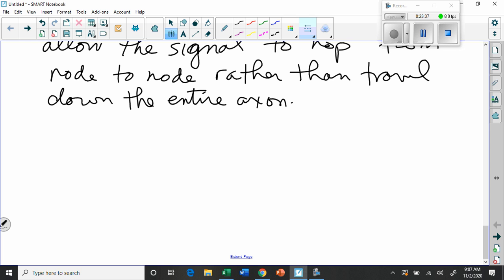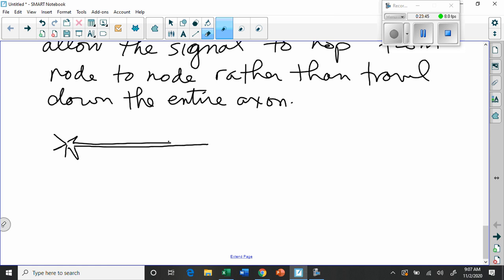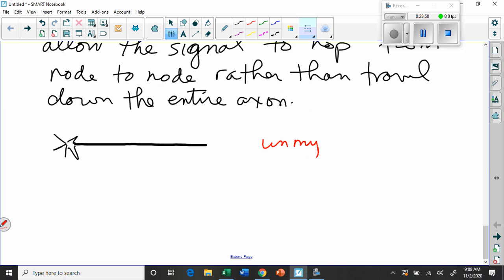So if I draw a picture of a nerve cell here and its axon, let me just draw that as a single line, it looks better. If we draw this nerve cell with its axon here, there's the axon, in an unmyelinated cell, whoops, I always forget the E, unmyelinated cell, the nerve impulse has to travel all the way down the axon through every part of it.